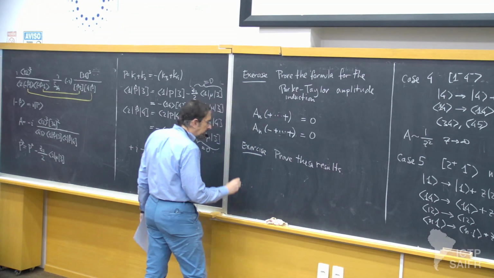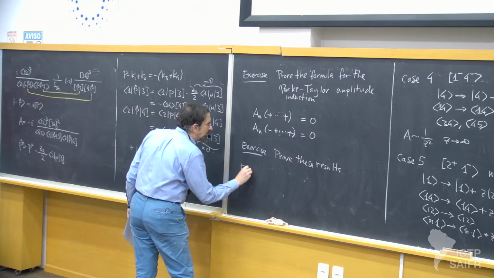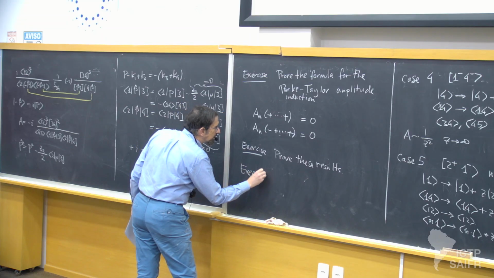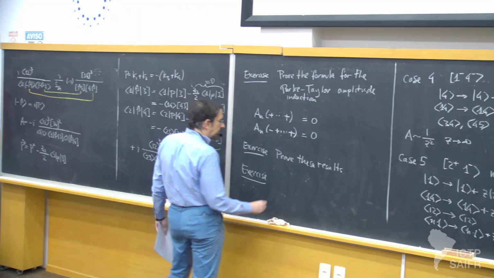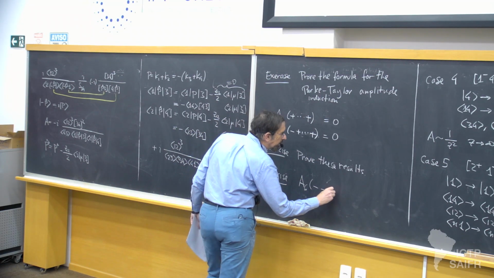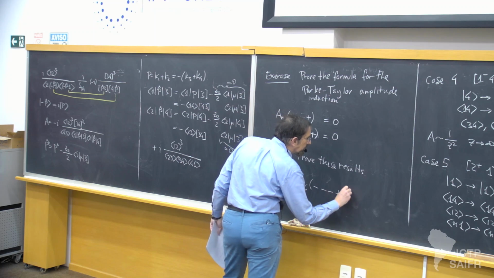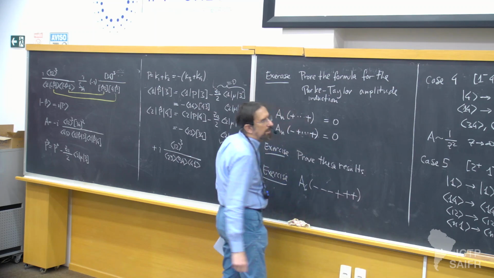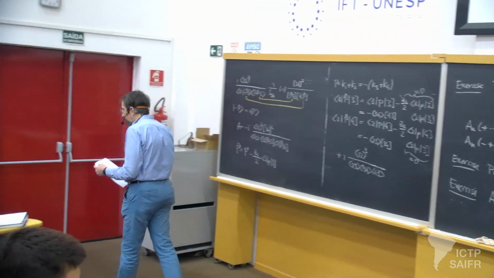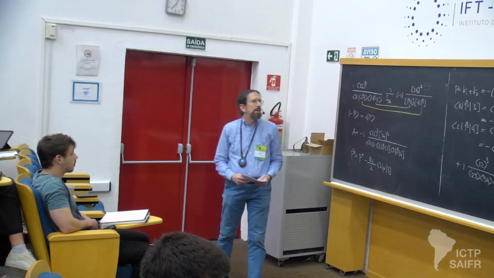And finally, one last suggested exercise to really check that you've understood things is to compute a 6-point amplitude. And it's a specific one where it's split, so there are 3 negatives and 3 positives.